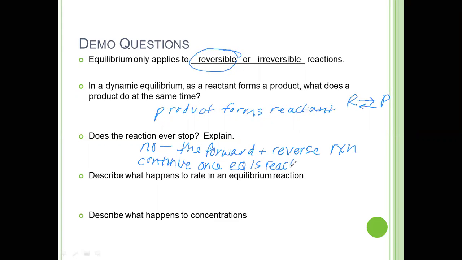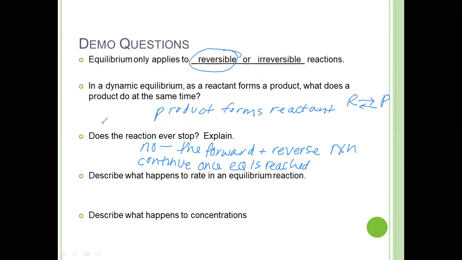So it never stops. It's going to just keep going and going and going until it runs out of stuff. So that would be a situation like if you had gases and it was in an open system, eventually the gas would be gone. Assuming that nothing is really changing, it's just going to keep going.